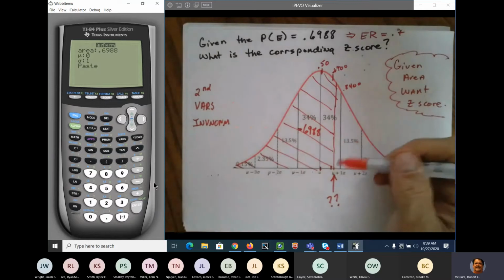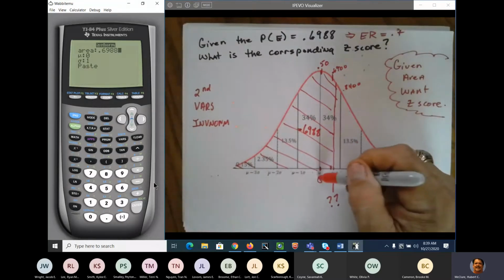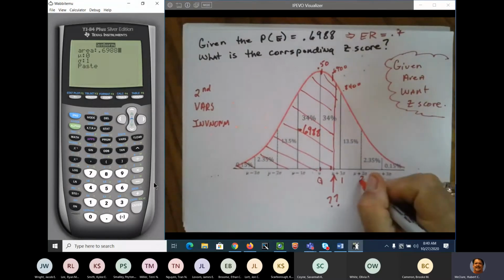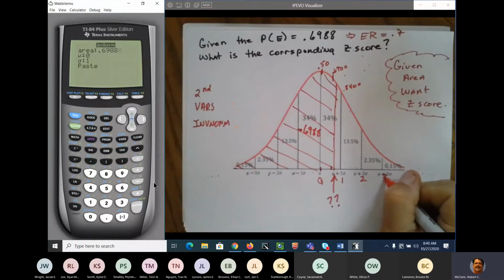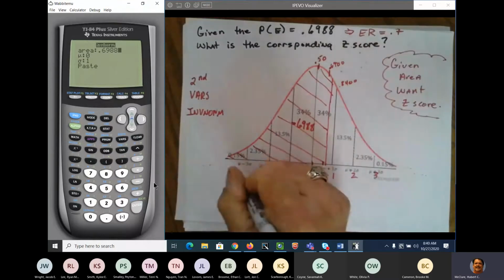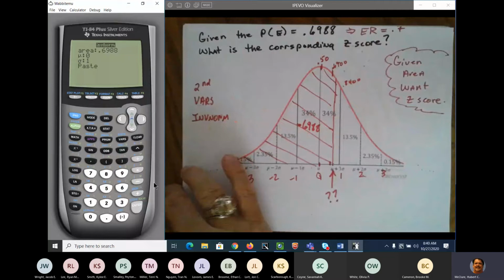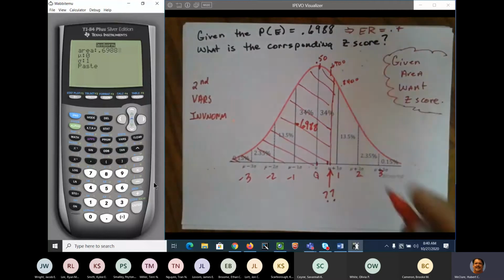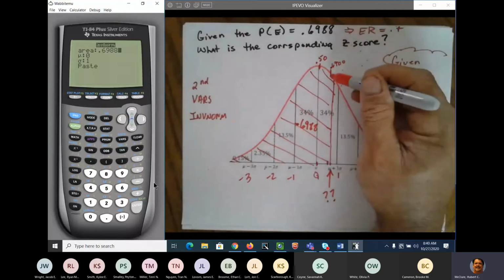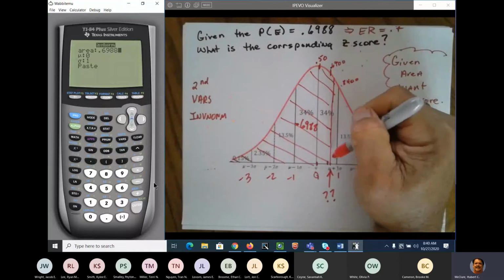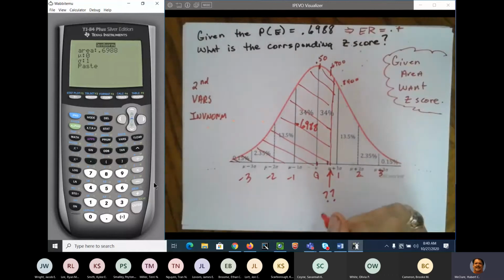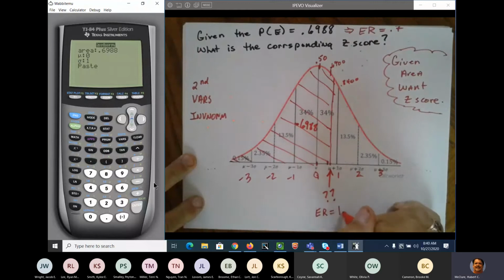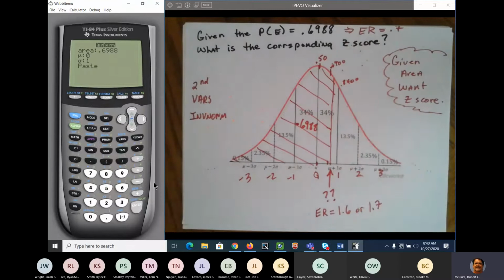Well, I think it's going to be between 0 and 1, greater than 0.5. By the empirical rule, I say it's going to be 0.6 or 0.7. Sorry, I thought it was 1 point something. Let's see what it comes out to be.